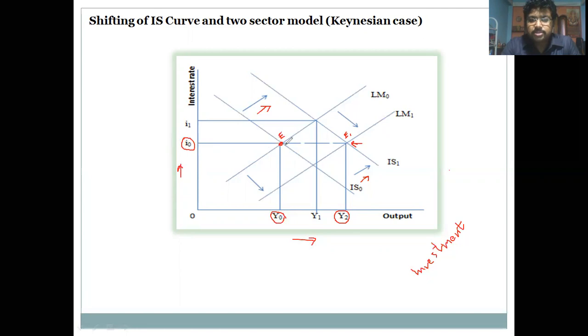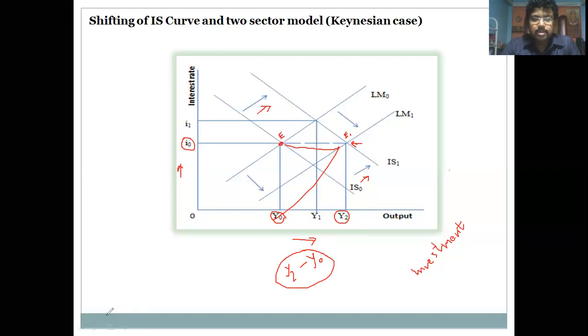So this much amount, that is the range between Y0 and Y2, the gap, Y2 minus Y0, is because of the effect of multiplier.